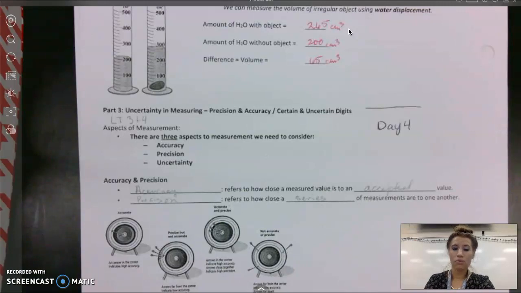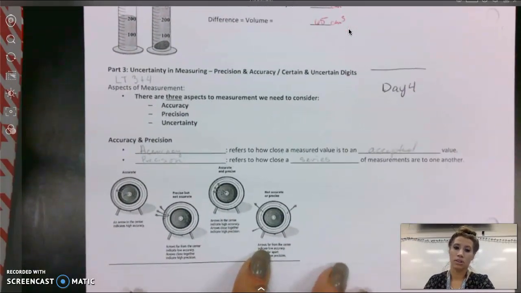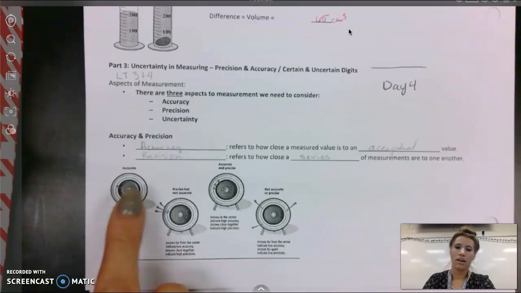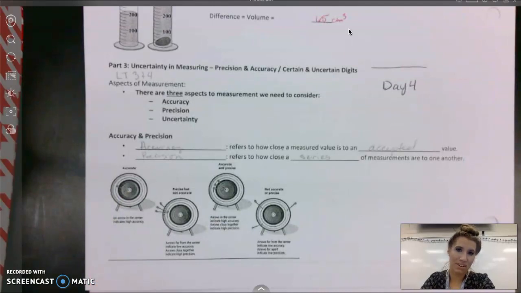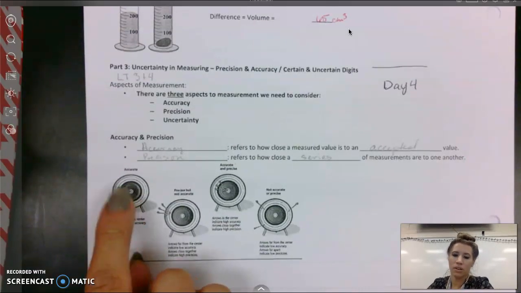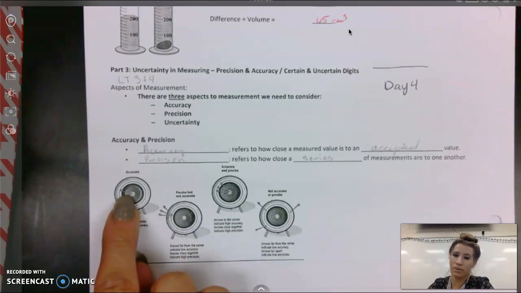Okay, so we can represent this idea through the thought of playing darts. Here you can see that what we're going after when we're playing darts, that desired or known data point, is the bullseye. Here we have a dart right in the middle, so that was an accurate data point.